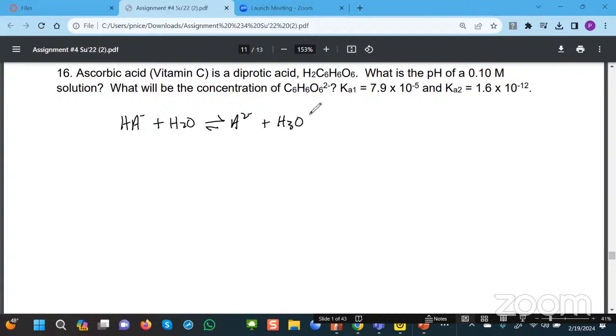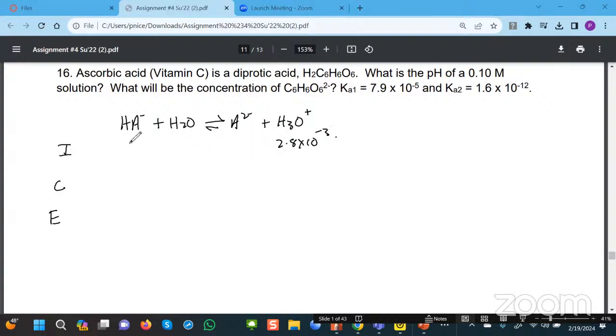I'm going to set up another ICE table and need your help. What was the concentration of hydronium that we calculated previously? That goes here. 2.8 times 10 to the minus 3, right?